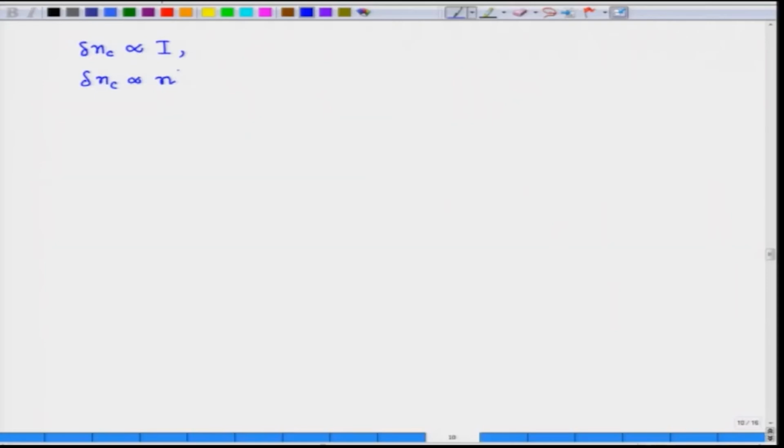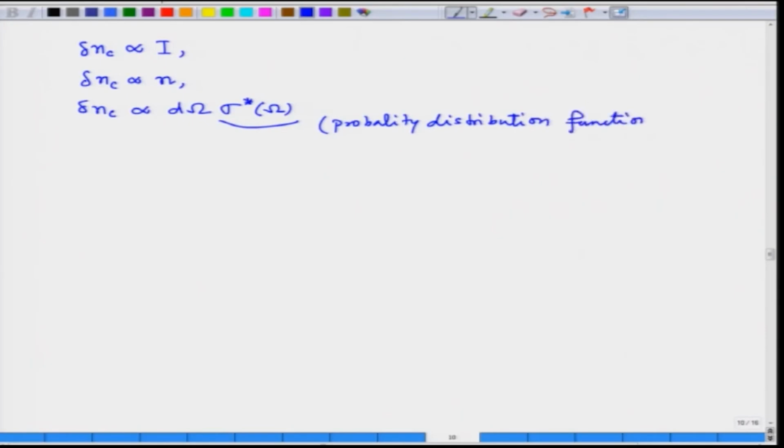If that is greater, the number of collisions is greater. And finally, delta NC is proportional to sigma star omega d omega, which is nothing but the probability distribution function as a function of omega.